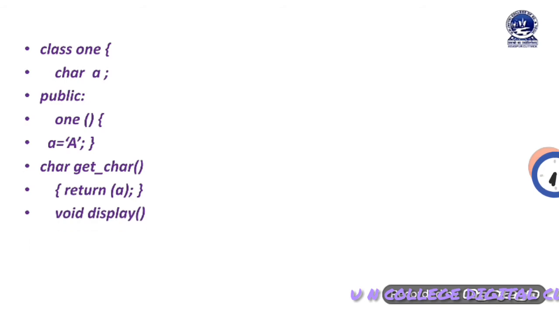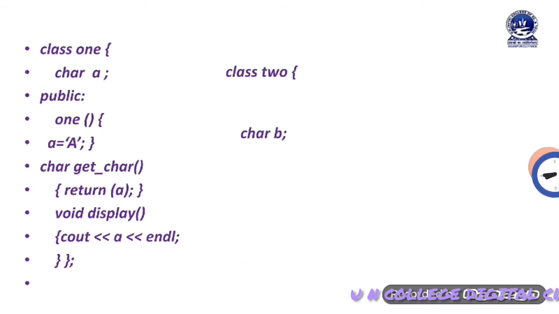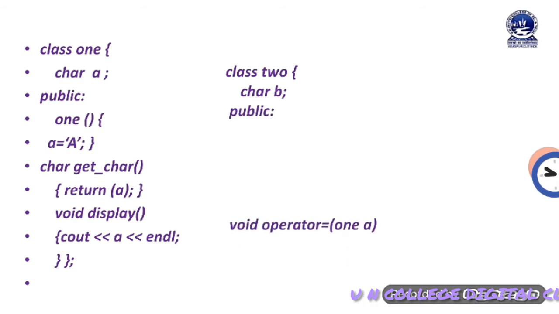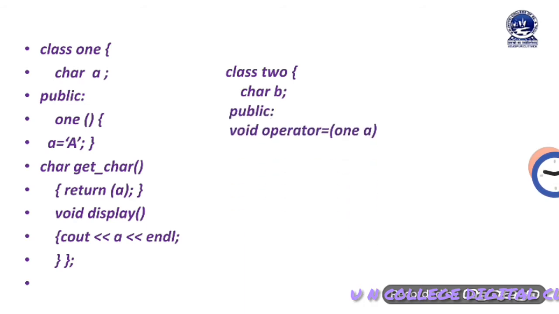Then in the void display method I have just displayed cout a, that's all. Then I am going to use another class, the name of the class I have used here is class 2, and inside class 2 I have used char b, and in the public part I have used void operator equal to, with class 1 a.